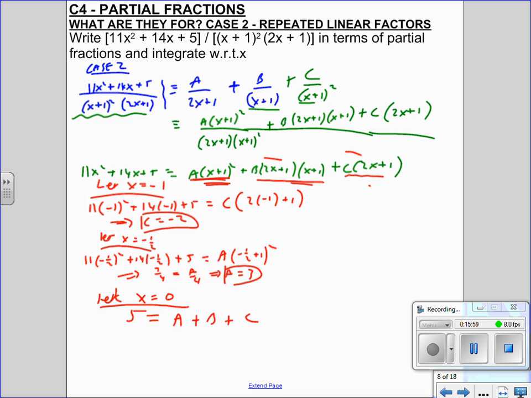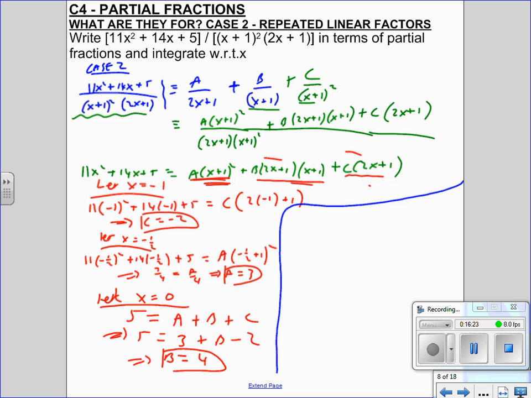You see, we already know what A is, which is 3. We already know what C is, sorry, and so therefore we know that B is going to be 4. So, always pick the most convenient value of x. If x equals 0 has already been used before, just use x equals 1 or x equals minus 1 if that hasn't been used. You see, you use a value of x that hasn't been used before.